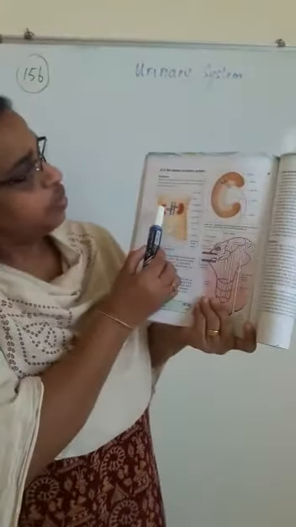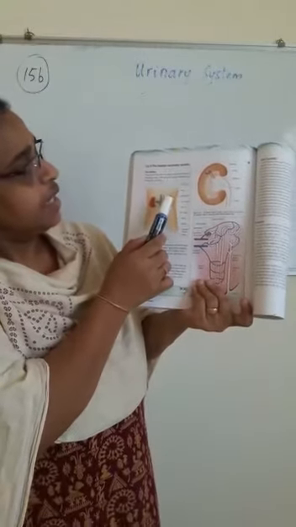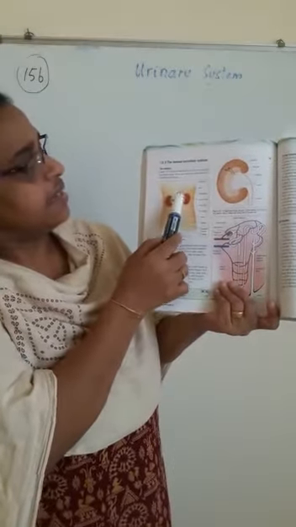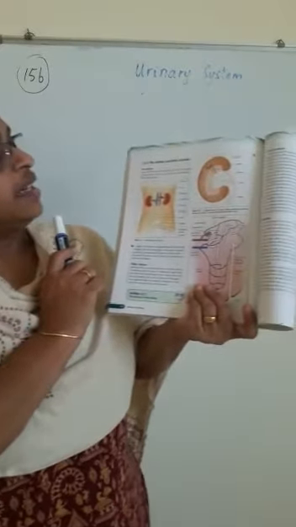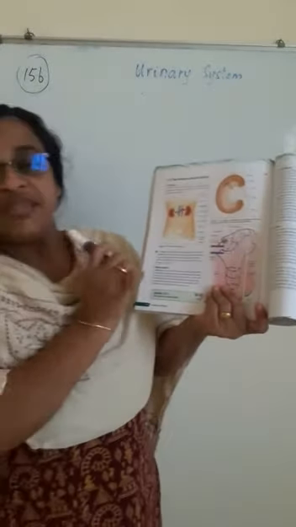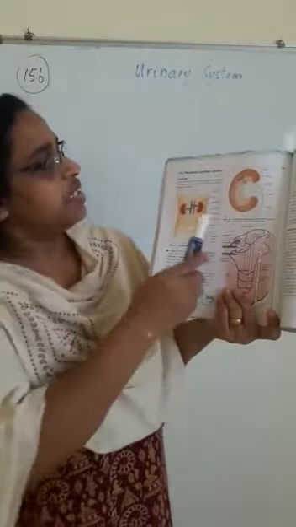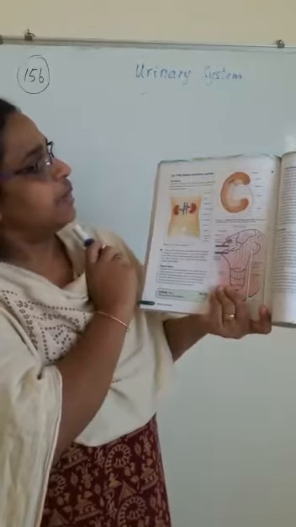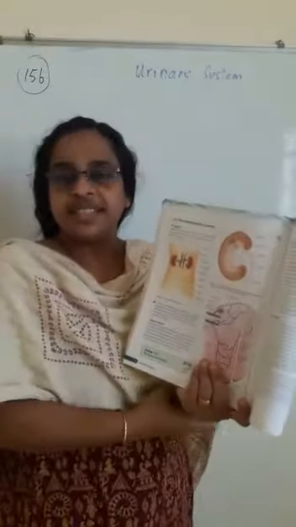There are two kidneys, and for both kidneys you can see a red blood vessel and a blue colored one. The red colored blood vessel is giving oxygenated blood to the kidney, so it is known as the renal artery. The blue color means it contains deoxygenated blood.